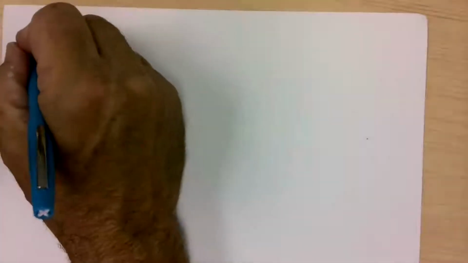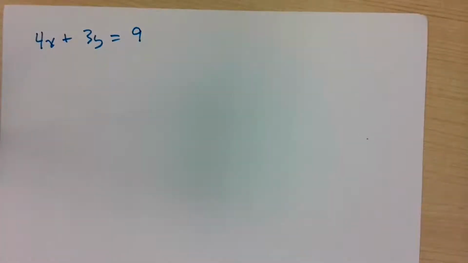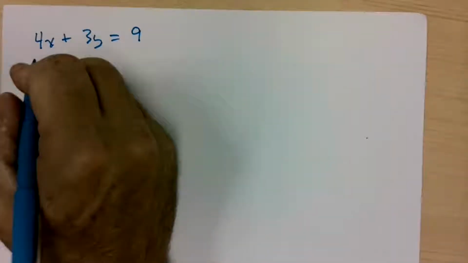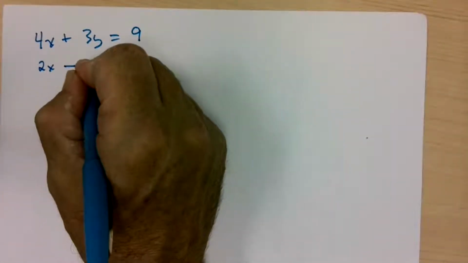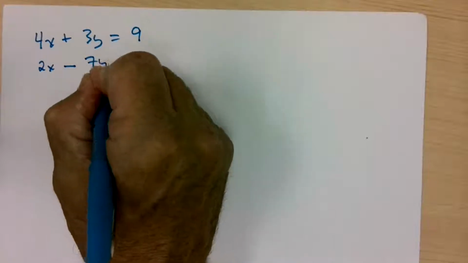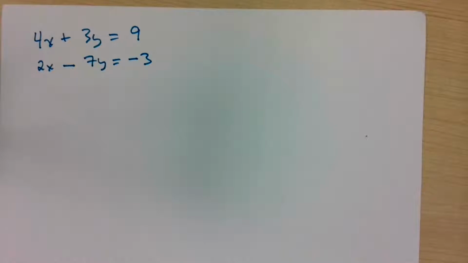Let's look at the following. 4x plus 3y equals 9, and 2x minus 7y equals -3.